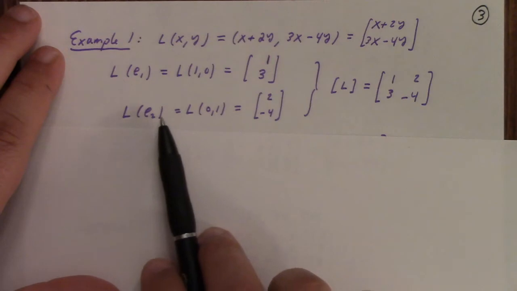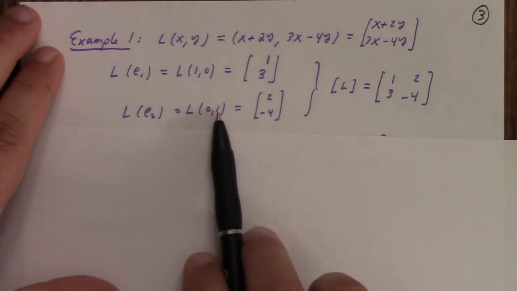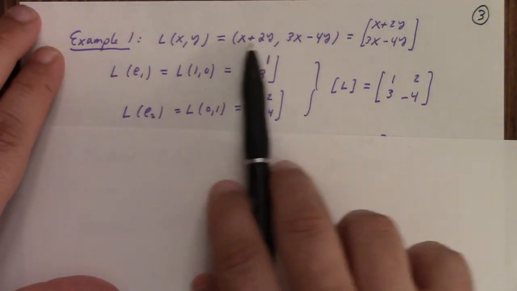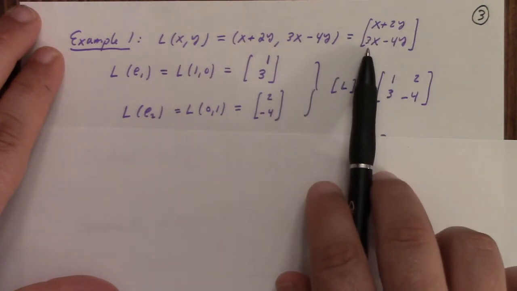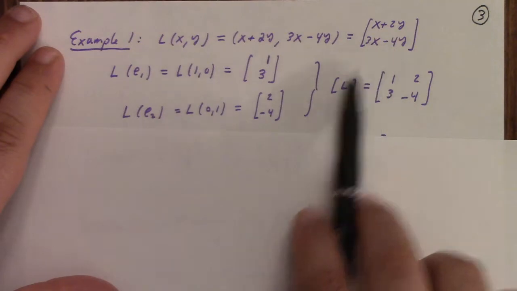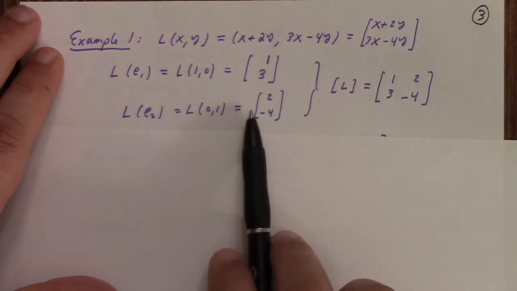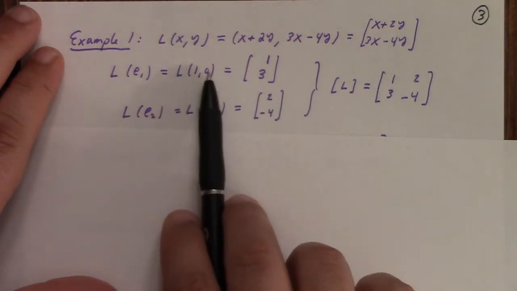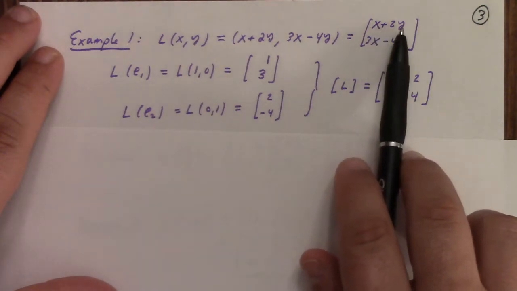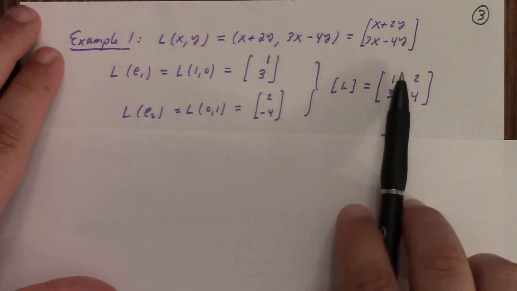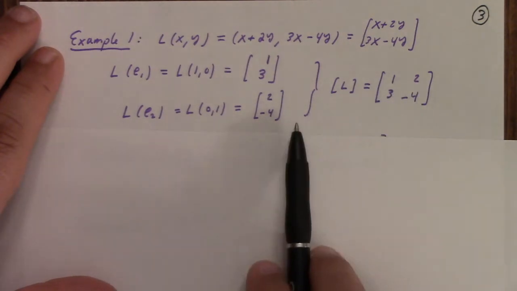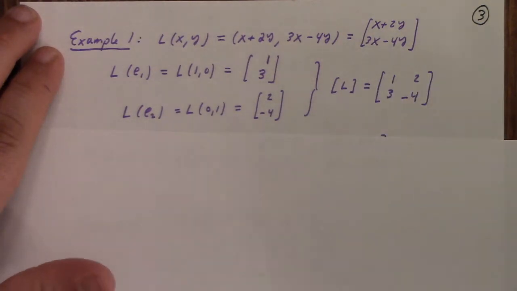L of E2, in other words, put x equal to 0, y equal to 1, gives me a 2, and a minus 4. So 2, minus 4 is L of E2. Likewise, put x equal to 1 and y equal to 0, and that gives 1, 3. And so you put them together, you get 1, 3, 2, minus 4 as the standard matrix of L.